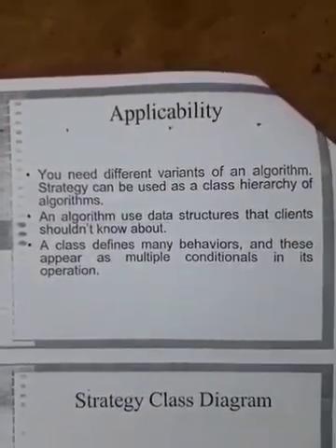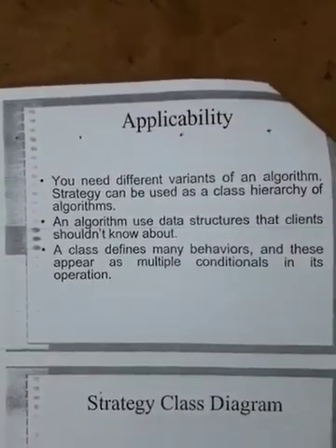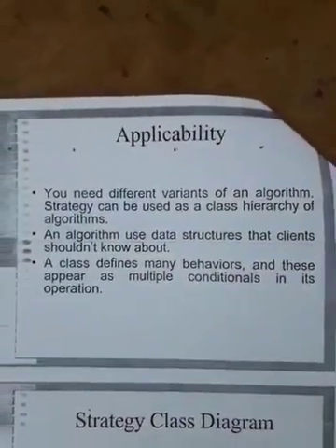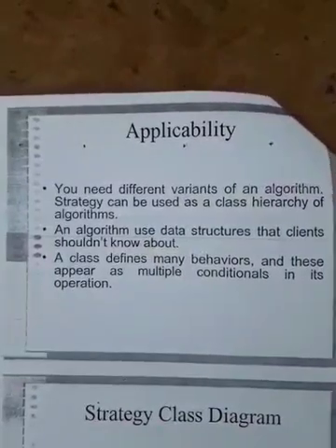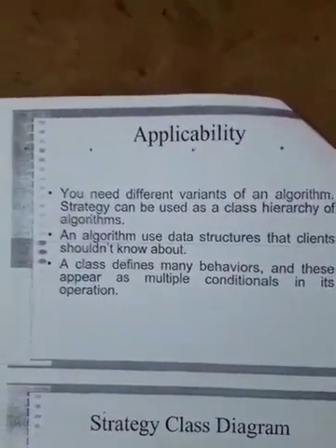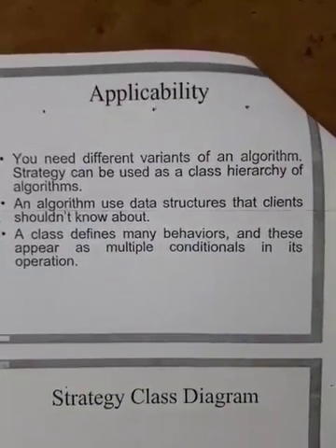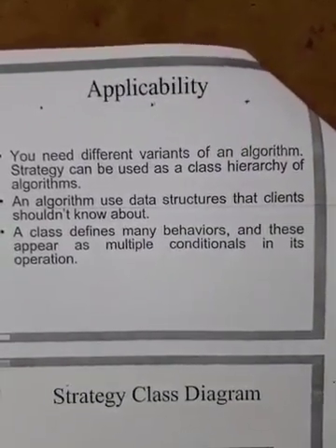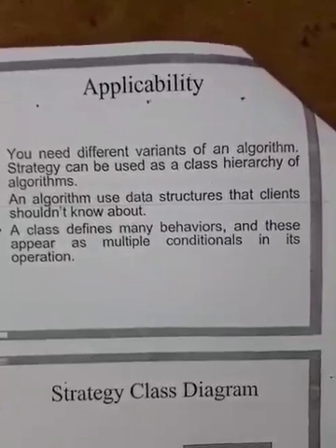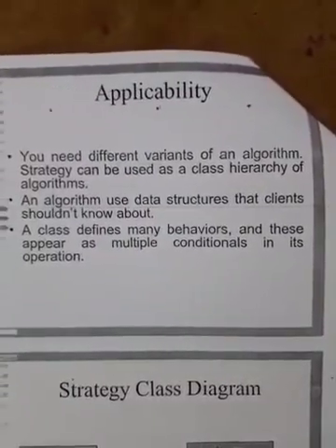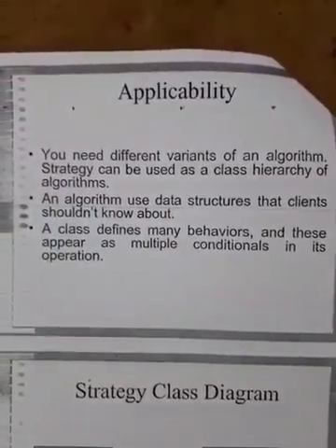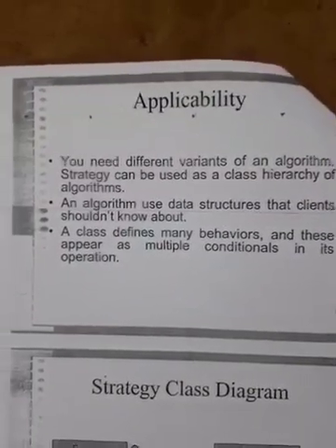And the next one is, a class defines many behaviors, and these appear as multiple conditional statements in its operations. Instead of many conditionals, move related conditional branches into their own strategy classes. So, these are the applicability points of our strategy pattern.